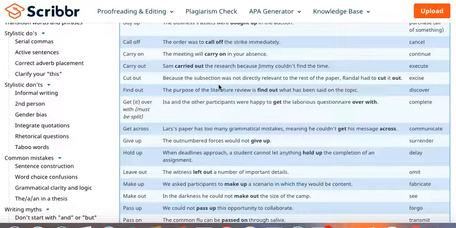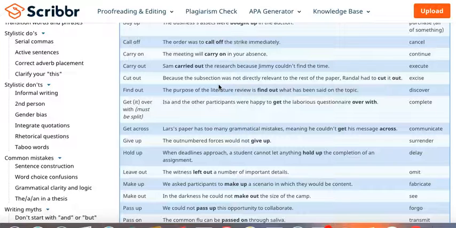Cut out. Because the subsection was not directly relevant to the rest of the paper, Randall had to cut it out. Look, there's the pronoun it. Cut it out. What is the it? This is a reference back to the word subsection, because you don't want to repeat words.